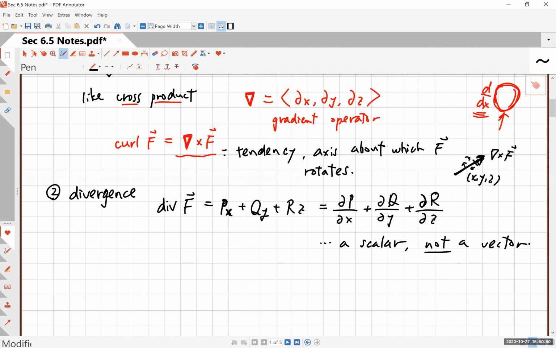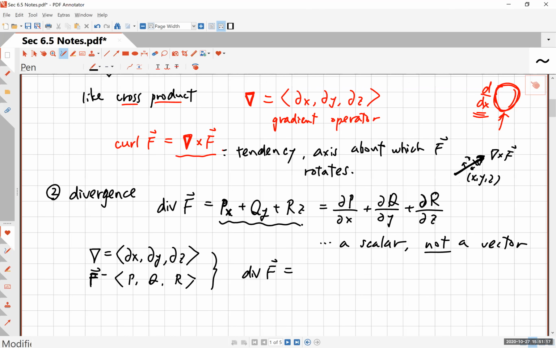All right, but notice here, remember the gradient operator is the partial with respect to x, partial with respect to y, partial with respect to z, and f, the vector field, is P, Q, R. So the divergence of f is like the dot product of this gradient operator with f.